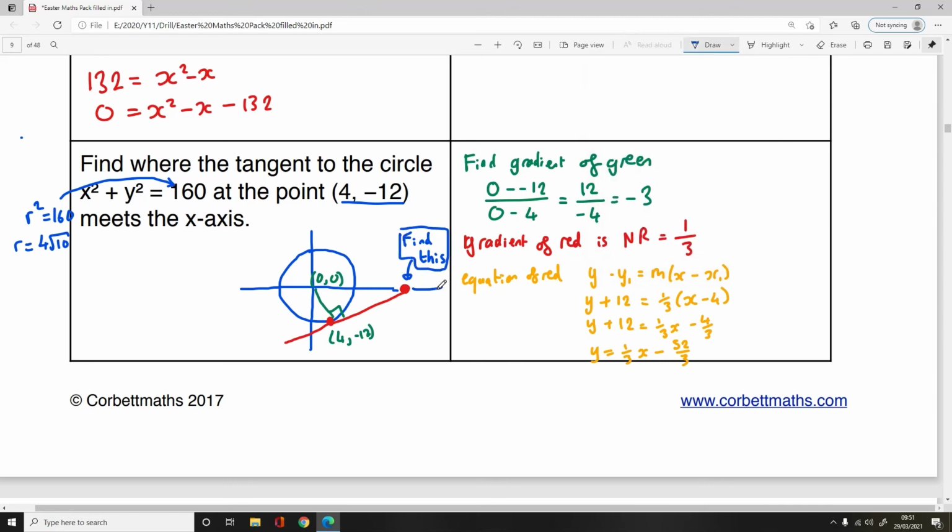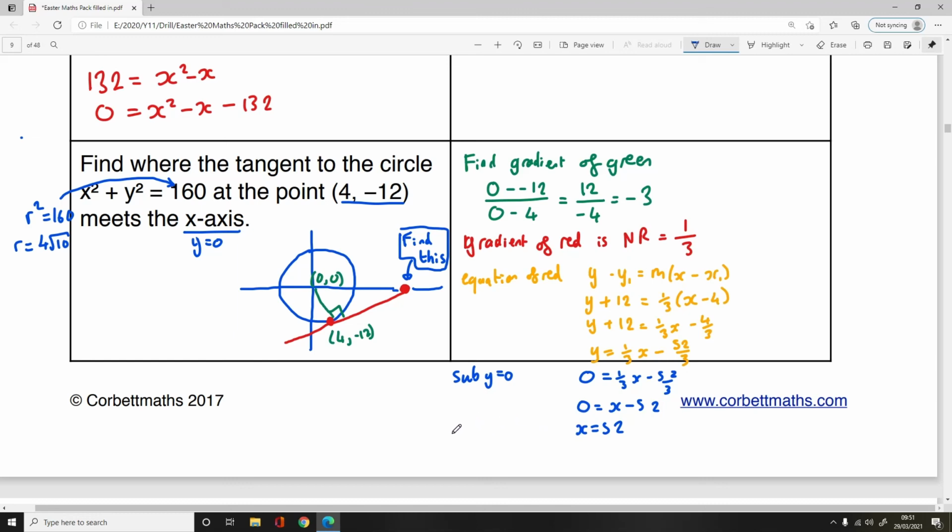And this is where this crosses the x-axis. Things cross the x-axis when y equals 0, so we'd need to sub 0 into this equation. Sub y equals 0. This will give us 0 is a third x minus 52 over 3. I would multiply everything by 3 at that stage and get that it's x minus 52, and then I can just add the 52 and get that x equals 52.